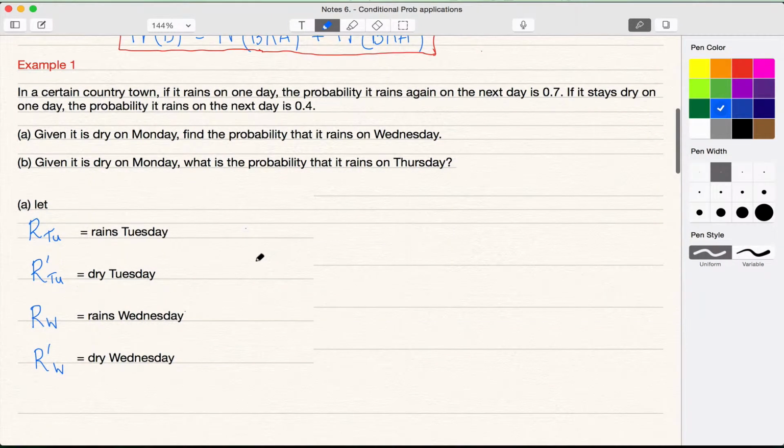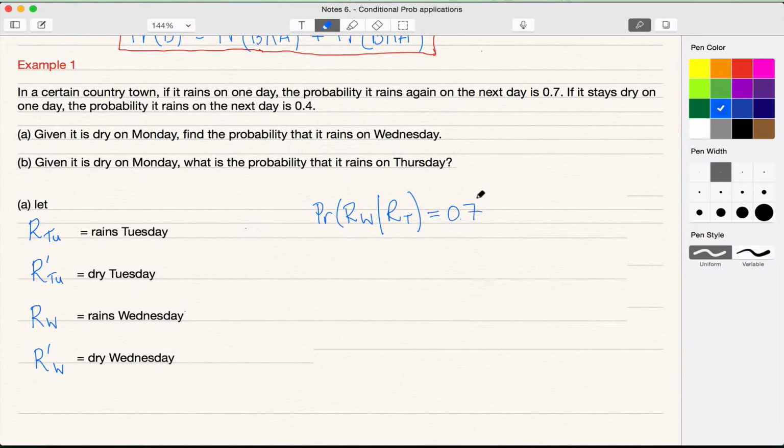The second step when we're solving probability problems is to write down the information we have from the worded problem in the question. So we have here, if it rains on one day, the probability that it rains again on the next day is 0.7. So that would be the probability that it rains again, so that would be Wednesday, given that it's rained on Tuesday, equals 0.7.